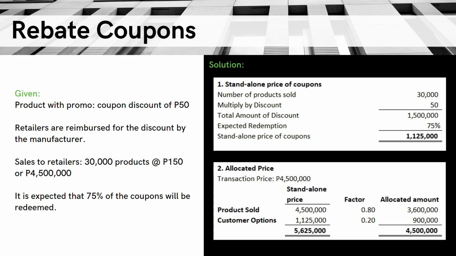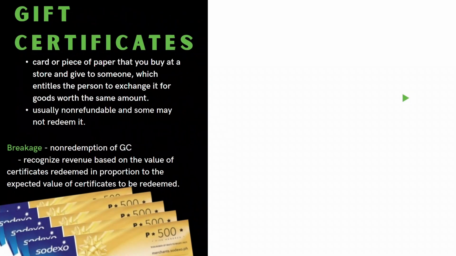Let's now proceed with the gift certificates. So these are cards or pieces of paper that you buy at a store and give to someone as a gift. So that person will be entitled to goods worth the amount stated in the gift certificate. These are usually non-refundable and some people may not redeem them.